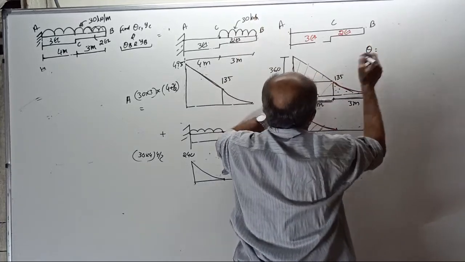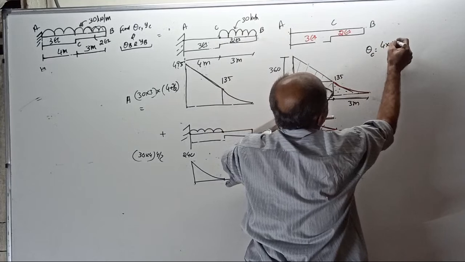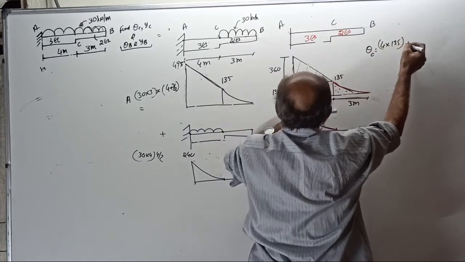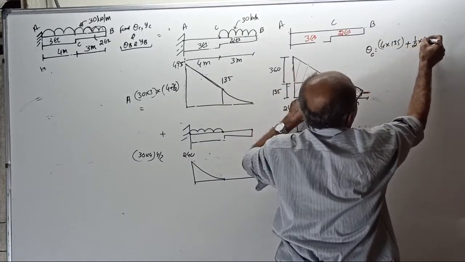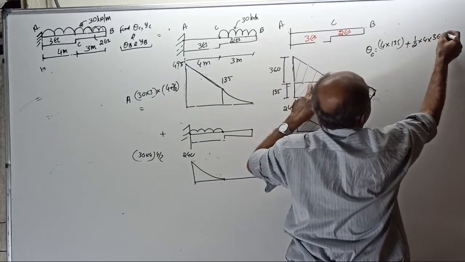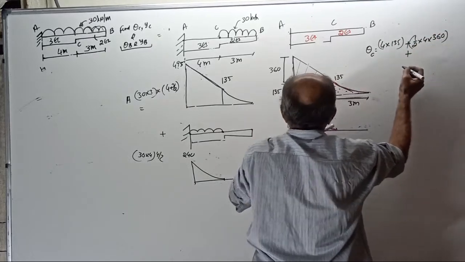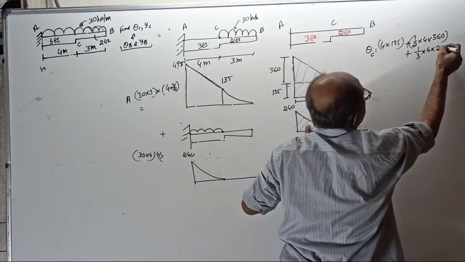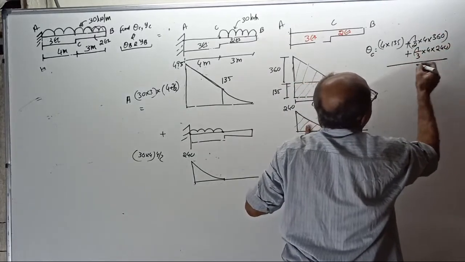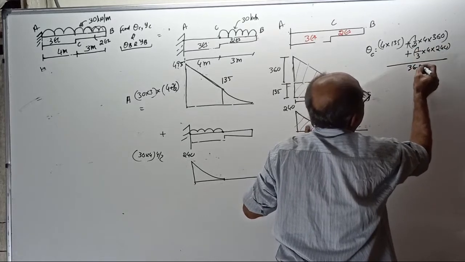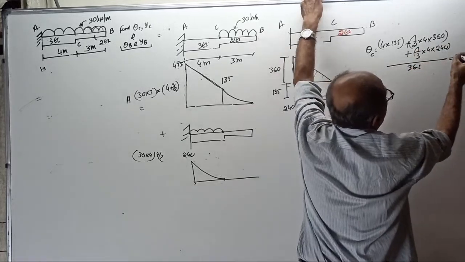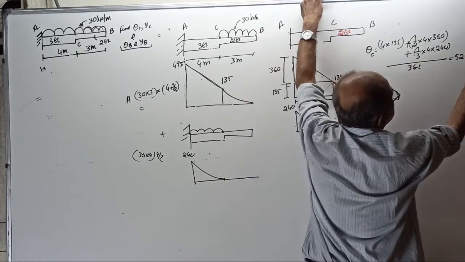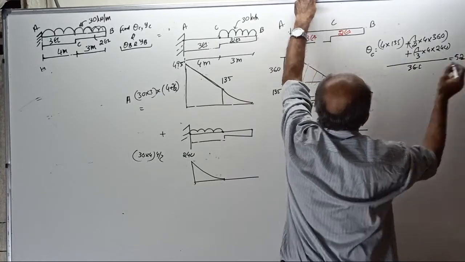Theta C equals 4 into 135, one area, plus half into 4 into 360, second area, plus one more area, 1/3 of 4 into 240, all of them divided by 3EI. The answer has to come 526.667, as we got last time.